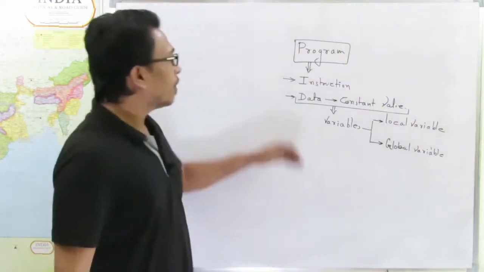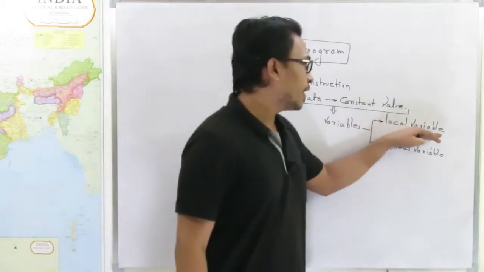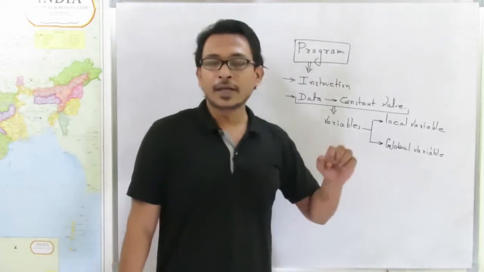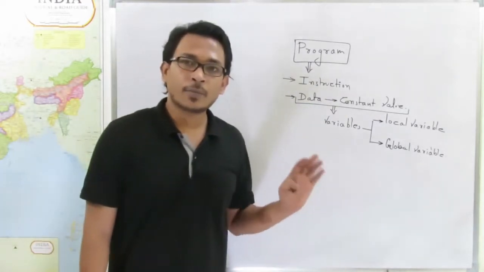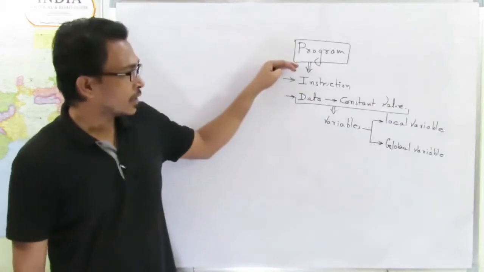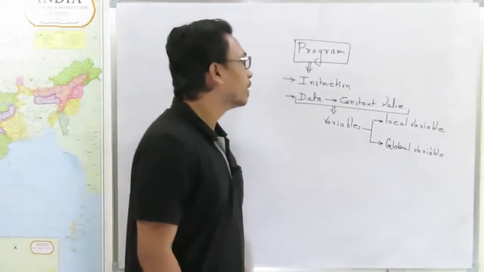Now look, a program can contain instructions, local variables and global variables. When memory is allocated for any particular program, memory space is required for instructions, local variables as well as global variables.